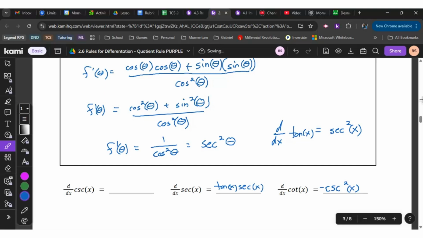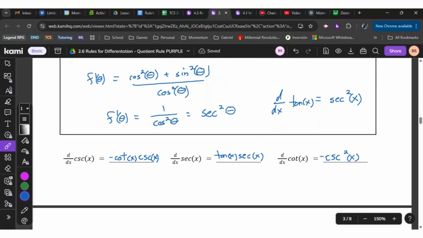And the last one here is cosecant, which is negative cotangent x times cosecant x. I do not expect you to memorize those. That's why they're written on the wall, so that you can use them. All 6 of them are written there. And I think most of them are written down over there as well on the yellow one.